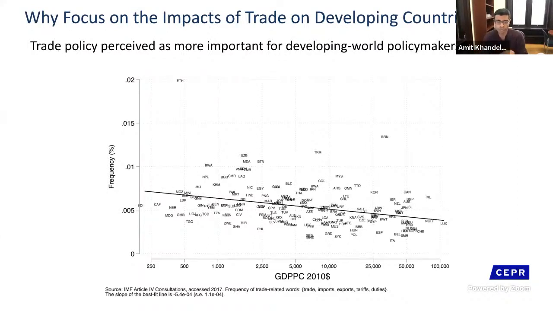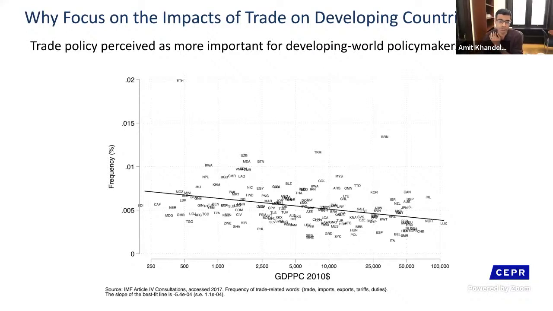And this just shows the frequency of particular trade-related words, the word trade, imports, exports, tariff, and duties, in the documents across countries. And you can see that in lower income countries, trade tends to be mentioned more often relative to developed countries in these Article IV documents.